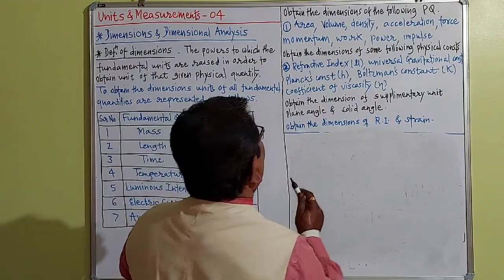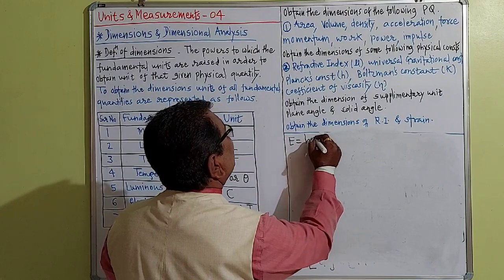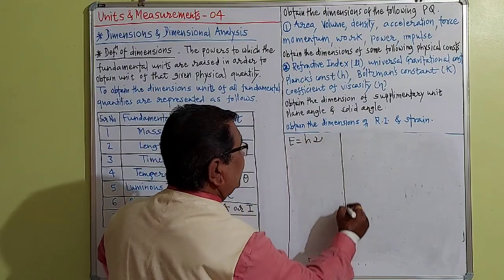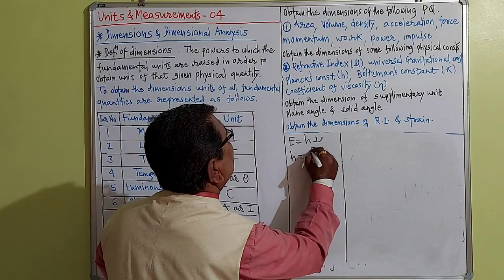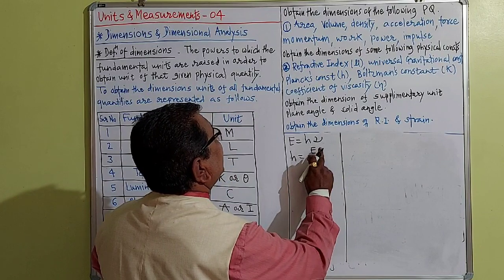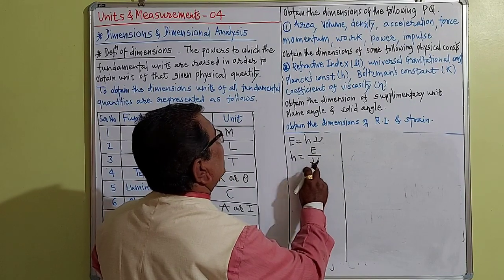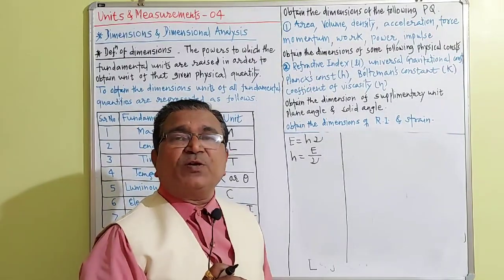Planck's constant, we know E is equal to h nu, where h is Planck's constant. So h is equal to E upon nu, E energy, nu frequency. Frequency is nothing but the reciprocal of periodic time.